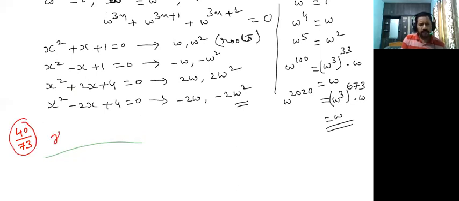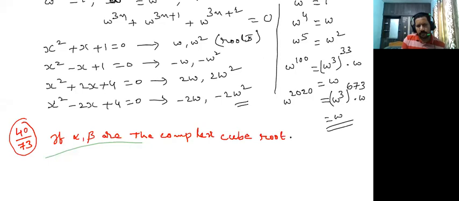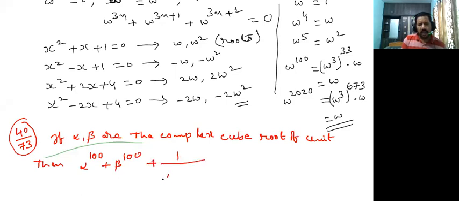If alpha, beta are the complex cube roots of unity, then find alpha power 100 plus beta power 100 plus 1 by alpha power 100 into beta power 100.